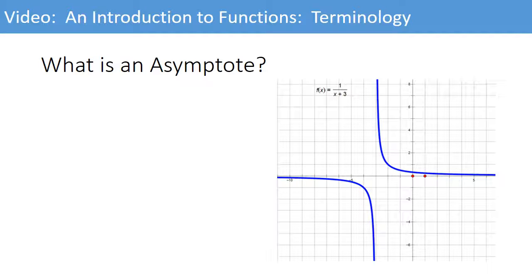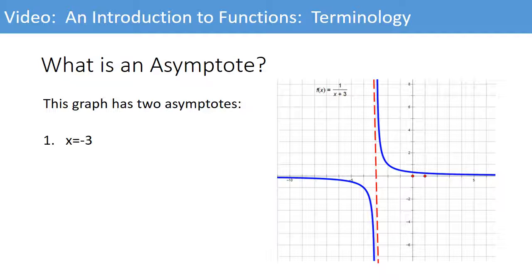Here is the graph for that function. This graph has two asymptotes. Let's investigate. The first asymptote is x is equal to negative 3.